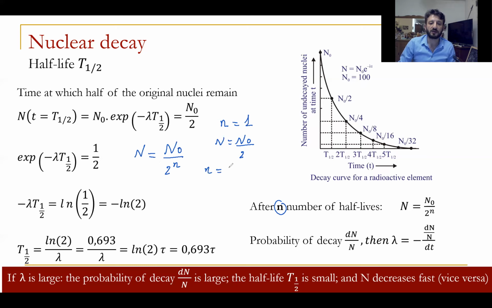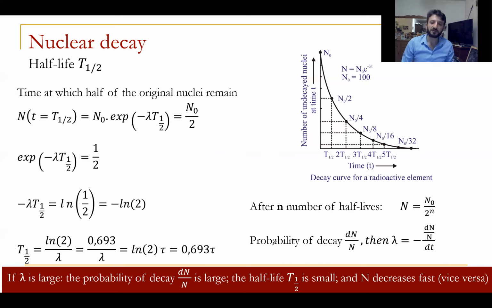At n equals 2, or at time t equals 2 t half, we get N equals N0 divided by 2 power 2 equals 4, and so on. We can go to n equals 7. At this point, we get 0 unstable nuclei. Okay, this is the first point.